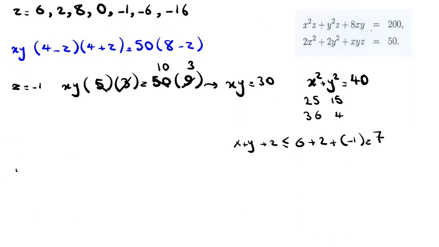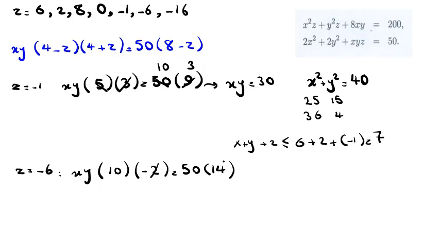Now let's check when z equals negative 6. xy times (4 minus minus 6) will be 10. 4 minus 6 will be negative 2. 58 minus minus this will be 14. Now, if we cancel these two, it will be 7. This 10, this 10, and xy will be what? Negative 35.